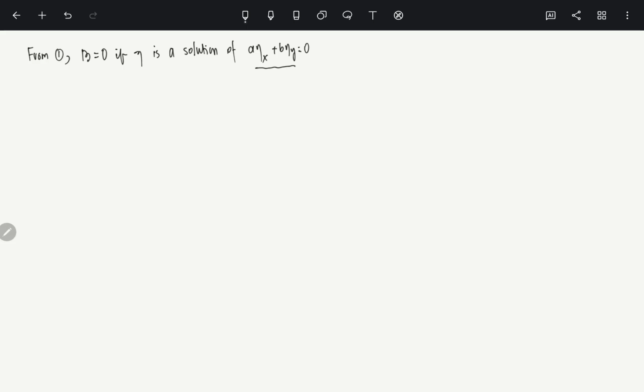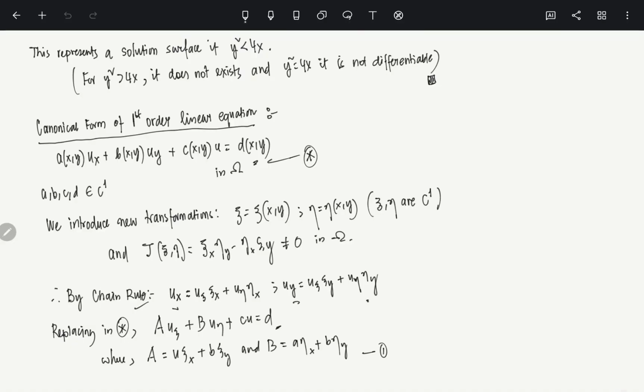And there are infinitely many solutions. You can choose any one of them, it's absolutely no issue, such that the Jacobian is non-zero. So choosing one such eta, you understand this equation, we can easily solve it, right? There are infinitely many solutions of eta. You choose one eta such that the Jacobian is not 0.